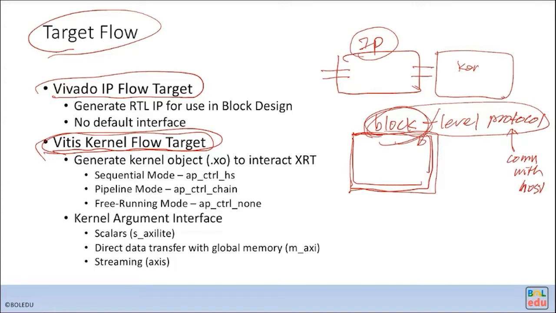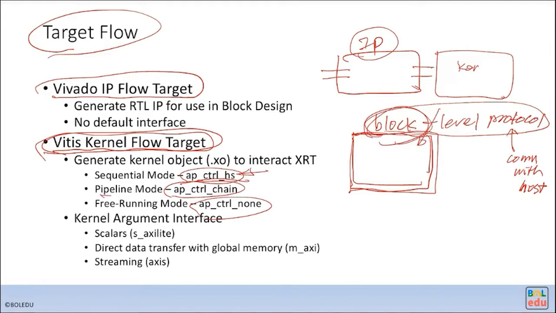It provides three communication schemes. One is the sequential mode. During the handshake, you start the kernel, and when it finishes, it tells you done. Remember in the Pynq lecture, we talked about the start and done interface. That's a handshake.